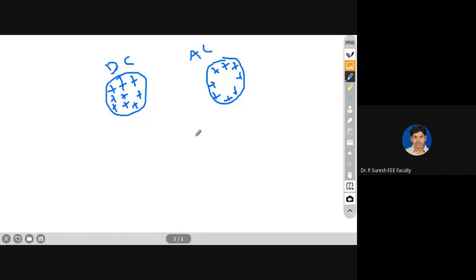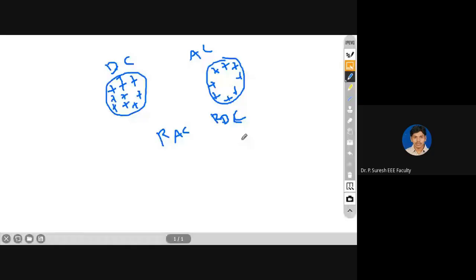And one more thing, this is a very, very important thing. What is the resistance of AC and what is the resistance of DC? What is the relation between them? We know the resistance, right? Why are they not equal?